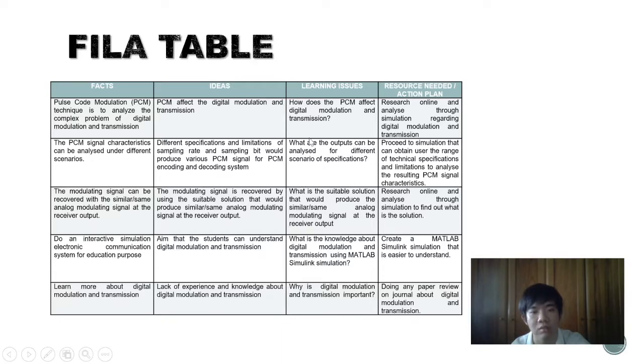In this PBL, we are going to find out what output can be analyzed for the different types of scenarios. For this, we proceed to simulation that can give users the range of specifications and limitations to analyze the PCM signal.